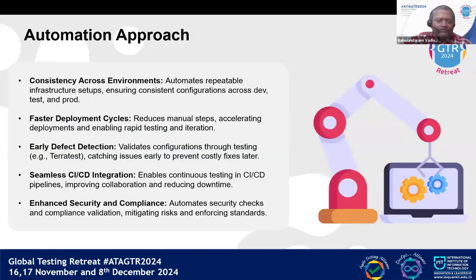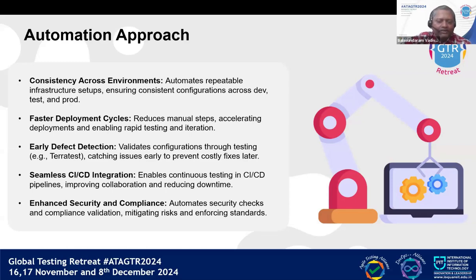So the automation approach: we will see how we will handle these challenges during the deployment of infrastructure. As we explore the role of automation and testing in infrastructure as code, let's consider why these elements are crucial. Automation ensures consistency across the environments. By automating the infrastructure setup, we ensure standardized configuration across development, testing, and production to minimize the risk of configuration drift.